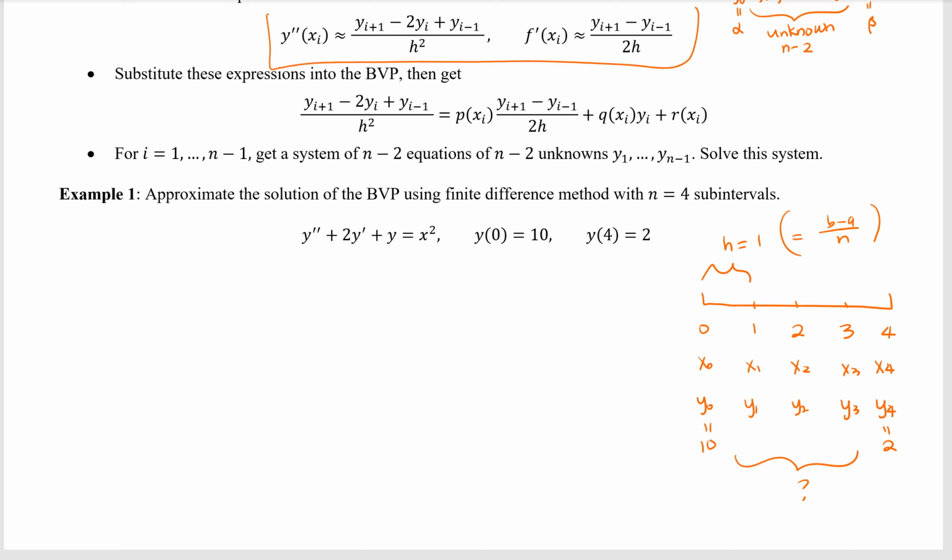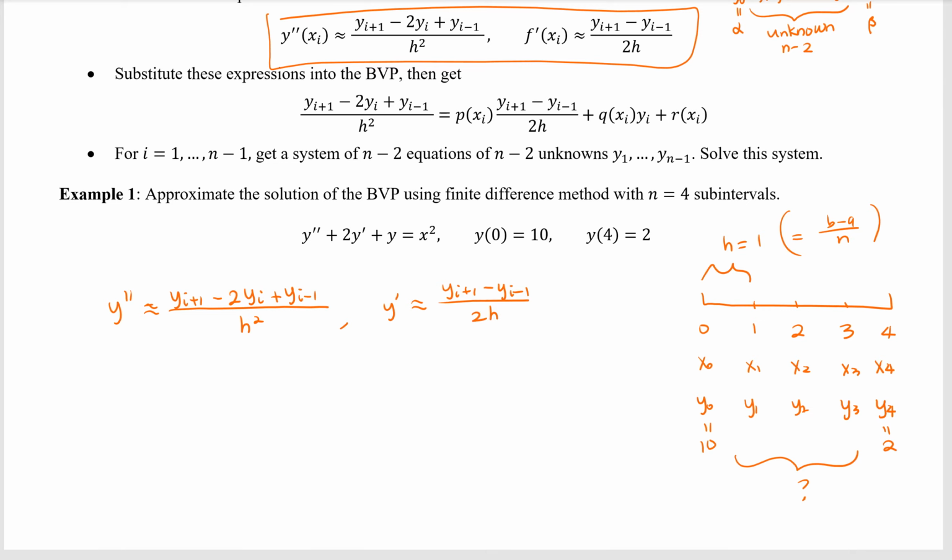So here, these are the central difference formulas. So y double prime is approximately yi plus 1 minus 2yi plus yi minus 1 over h squared. And then y prime is approximately yi plus 1 minus yi minus 1 over 2h.